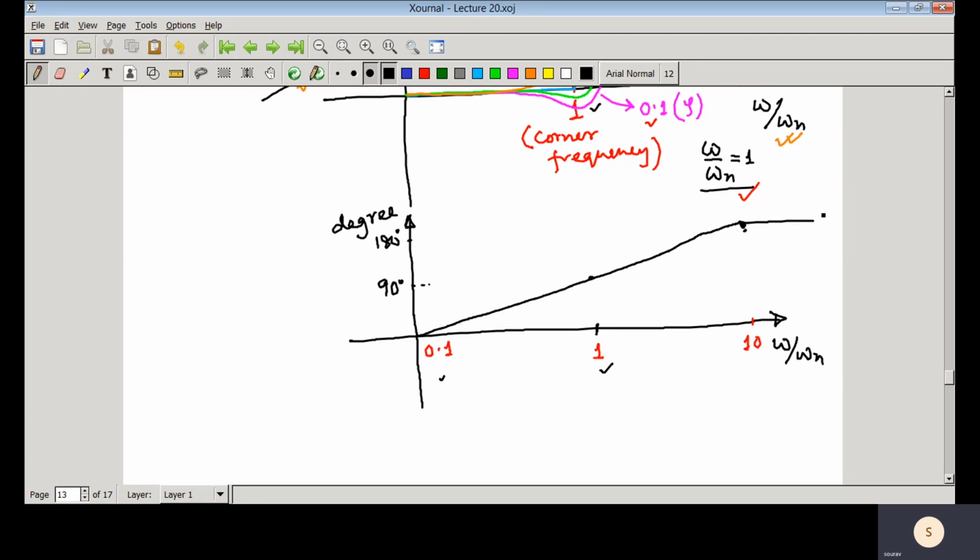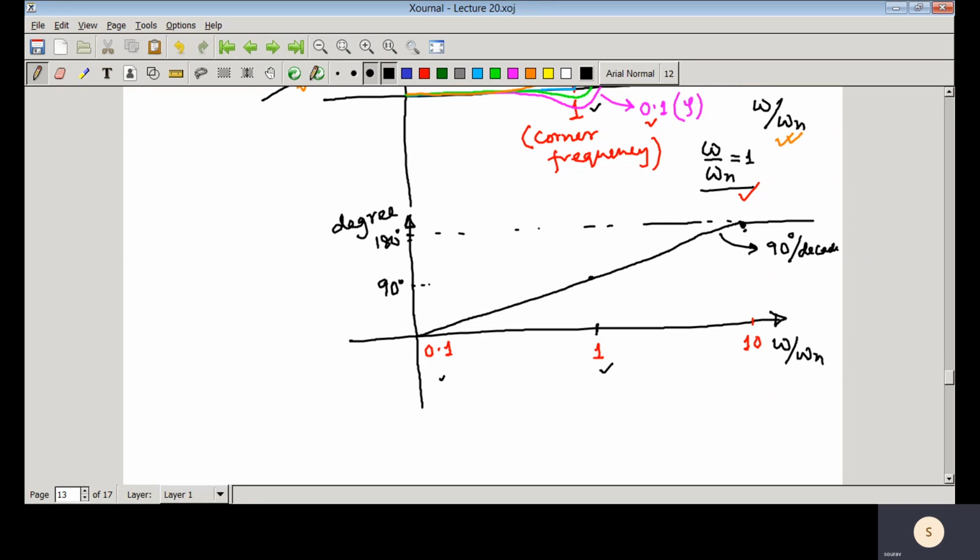So that would be that phase plot, and here the slope is 90 degree per decade, and this one is 180 degree, because whenever omega is very high, that angle goes to 180 degree, that we have seen.